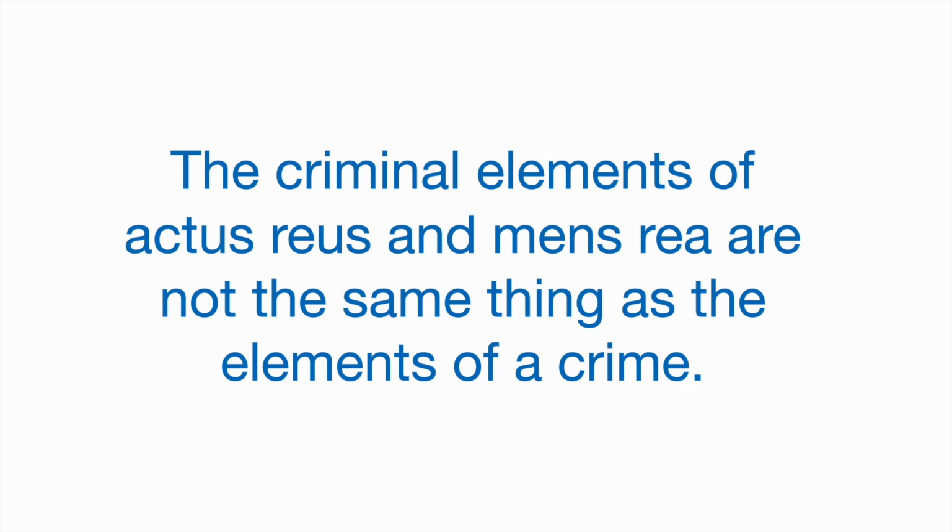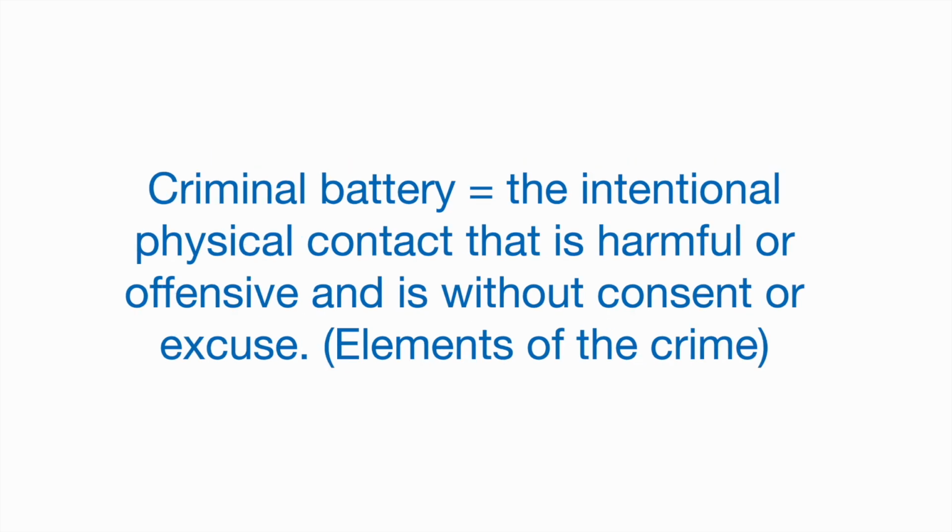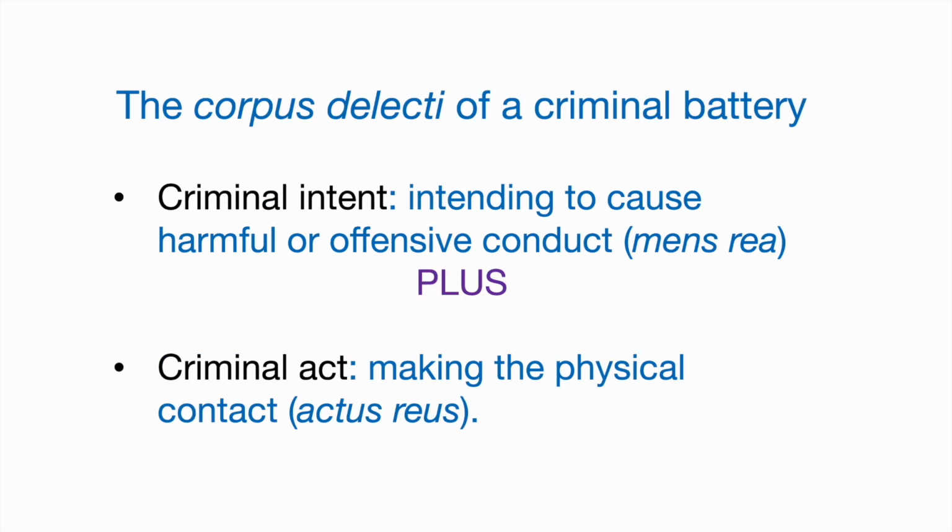For example, in criminal battery, the elements are the intentional physical contact that is harmful or offensive and that is without consent or excuse. Now, let's compare that with the corpus delecti of a criminal battery.